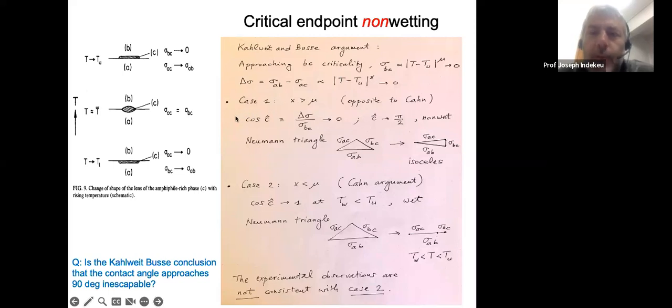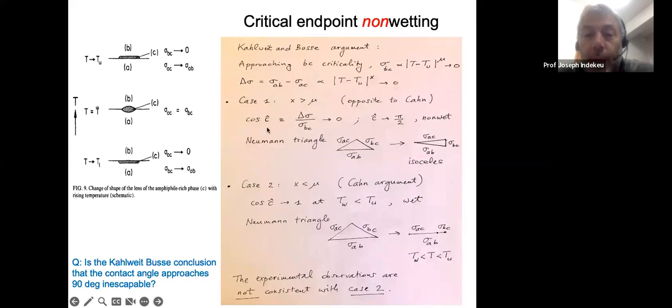Now, the first case that these gentlemen, Carlwright and Busse, consider is that x exceeds mu. Wait a second. If x exceeds mu, that would mean that we do not reach the wetting condition, because the Neumann triangle will always be closed and non-collapsed. So this difference goes to zero faster than the interfacial tension.